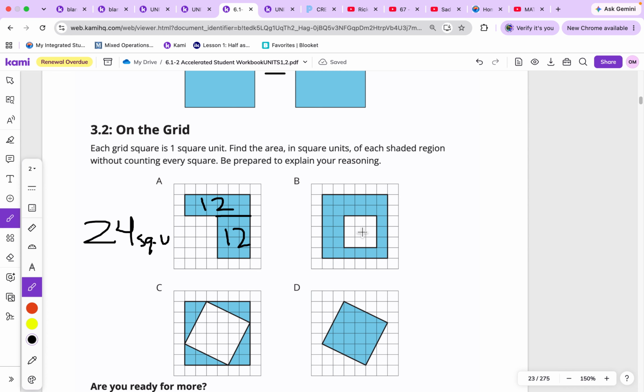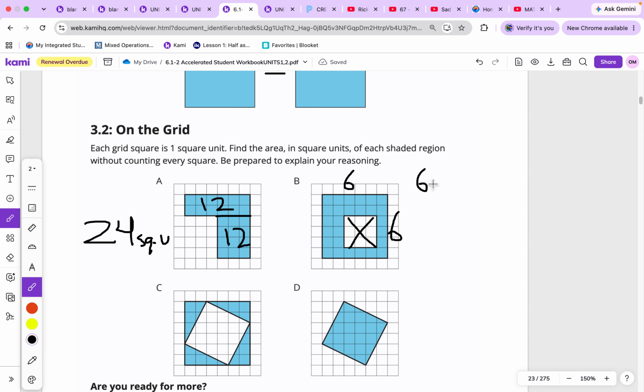Over here, it looks like I have a gap. So maybe what I can do is find the area of this square, as if this white gap was filled blue, and then take apart this gap and see what the shaded blue part is. So if I do 1, 2, 3, 4, 5, 6, 1, 2, 3, 4, 5, 6, this is a 6 by 6 square.